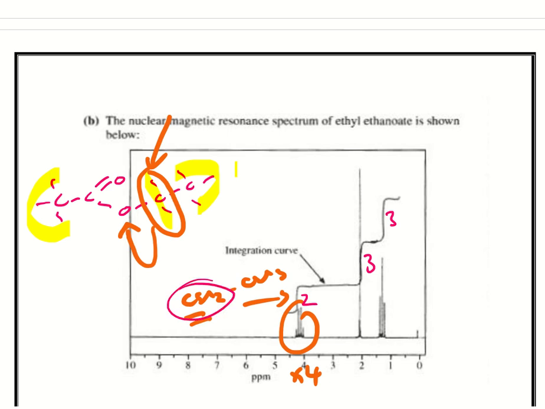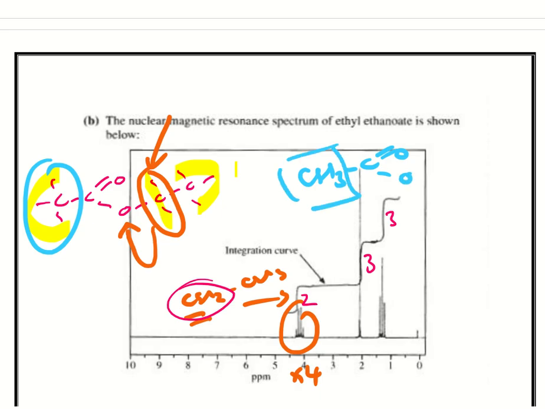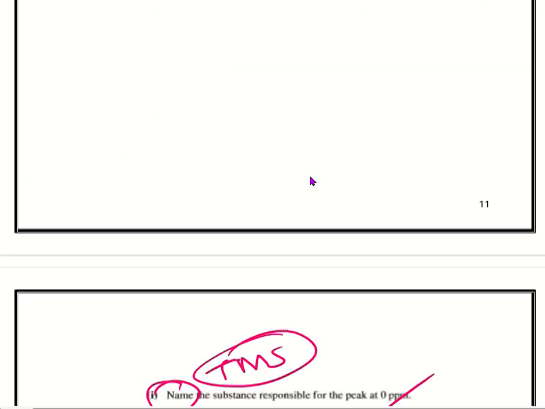Okay, so that just confirms it is indeed a CH2. We have here a CH3, which is a singlet. Okay, so that tells me this is this CH3 here, which is adjacent to a carbon with no hydrogens on it at all. Okay, and here I have a triplet. Okay, so that must be, and it has a peak integration of 3, so it must be a CH3. It's a triplet, it must be adjacent to a CH2, so it's that CH3 group there.